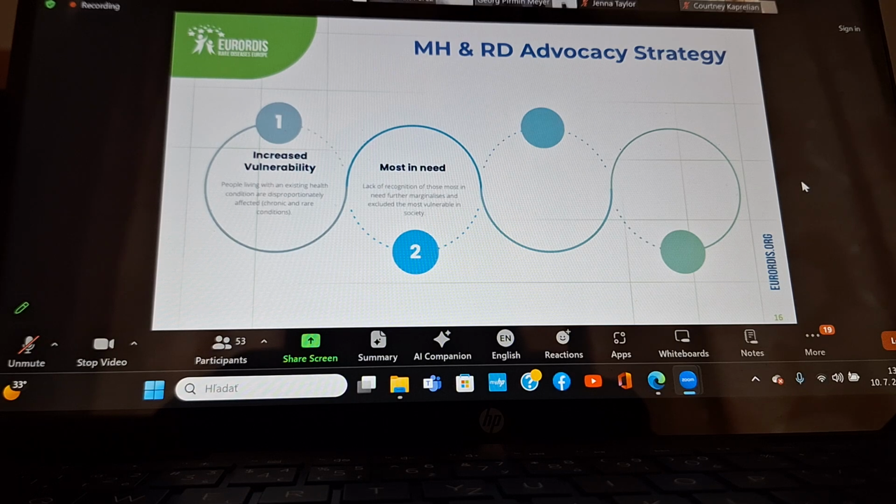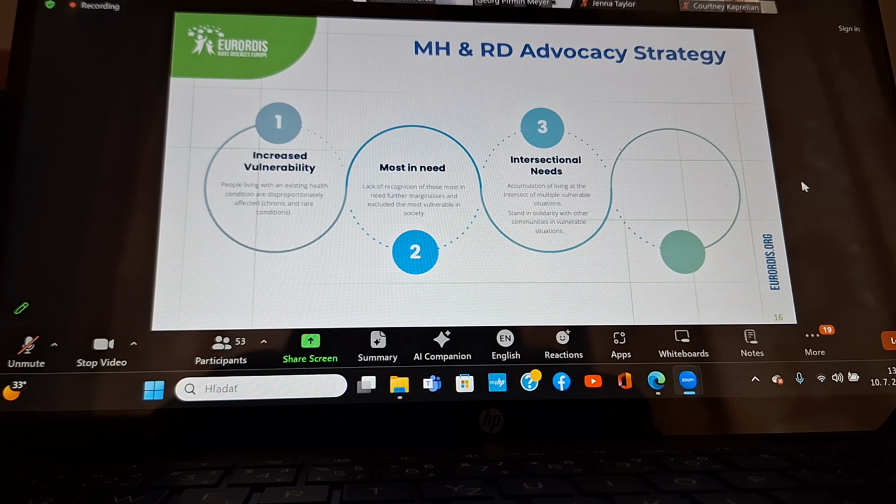That we're seen as a community and being included. That if policies or strategies by the European Union don't specifically mention our community, they are at risk of further marginalizing and excluding us, who are some of the most vulnerable in society.